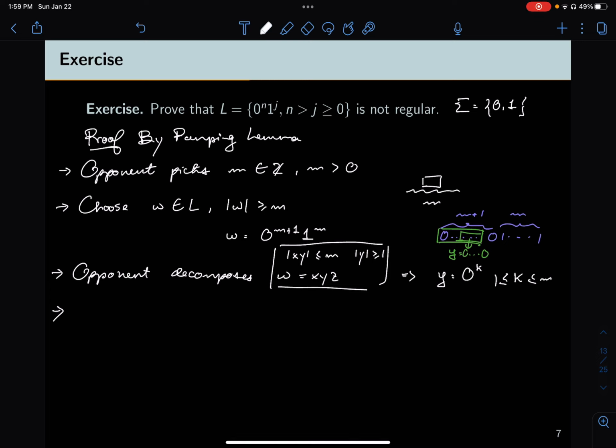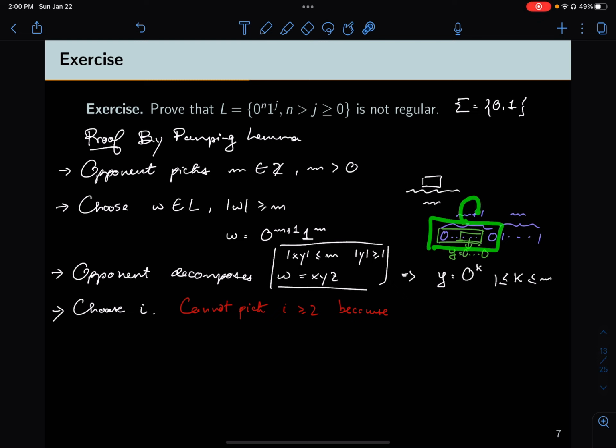So we need to choose i. Here, we can't choose i greater or equal to 2, because that would just be adding more zeros to the zero part of my string.